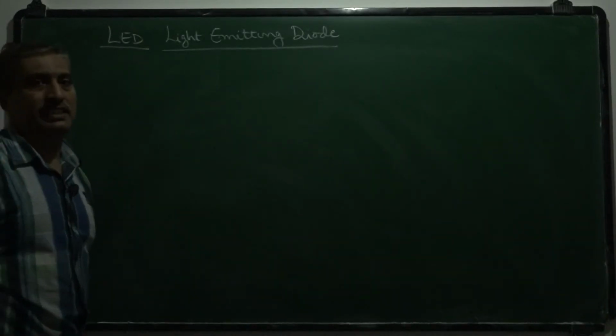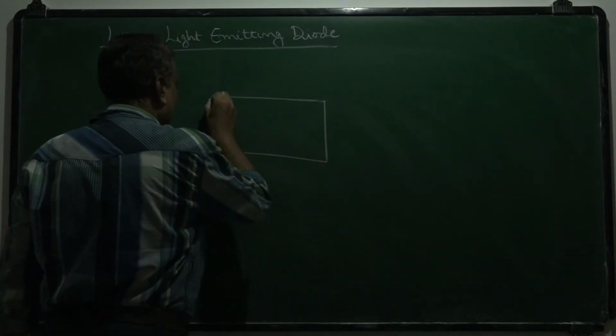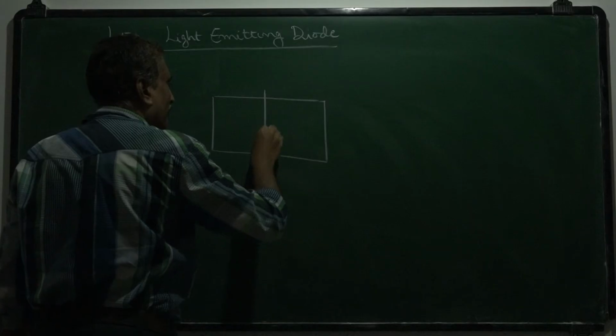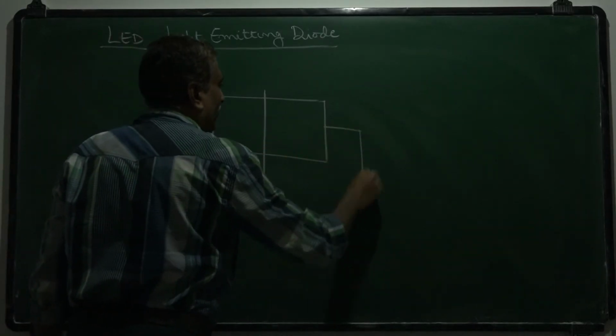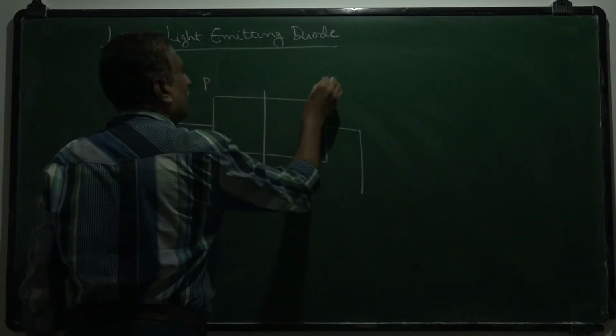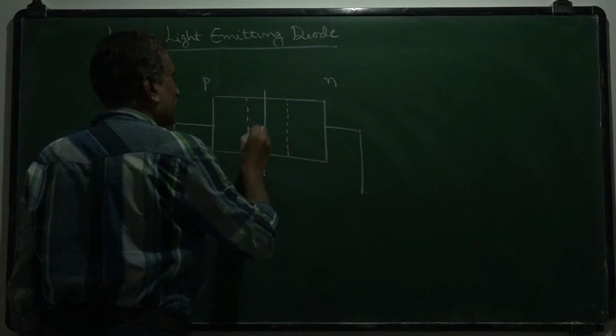This LED is also a PN junction diode, similar to an ordinary PN junction. So this is the PN junction, and this is the depletion layer like this.